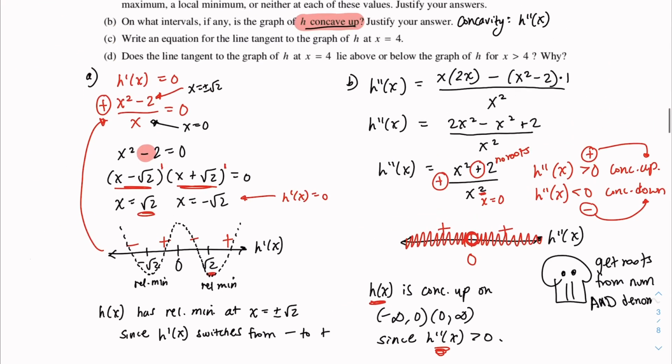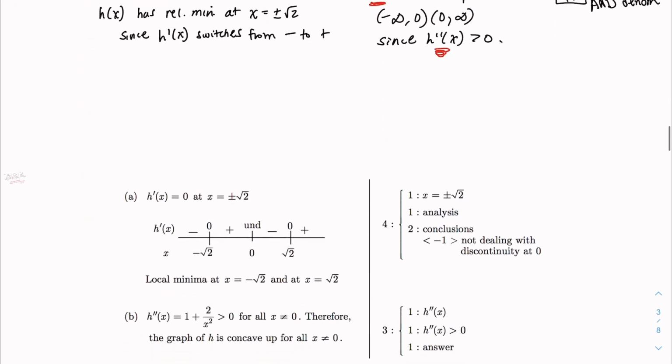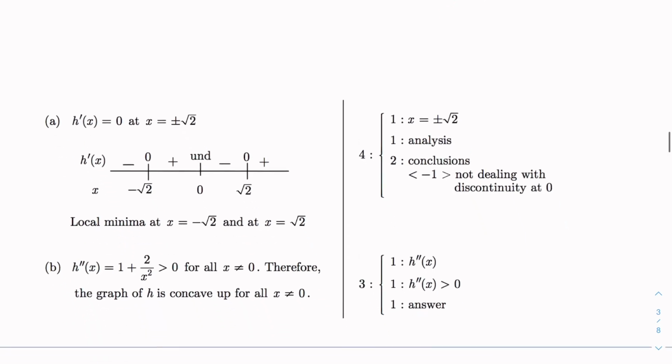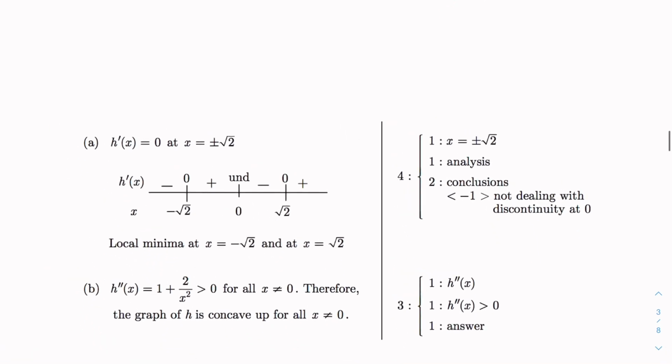So let's compare our answers and our work to the grading rubric from the AP. So over here on the right side, you can see the part A was worth a whopping 4 points. 1 point for getting plus or minus 2 for where we had the horizontal tangent line. 1 point for our analysis making that statement, and then the number line where we're analyzing our extrema.